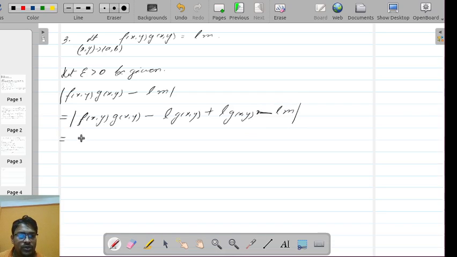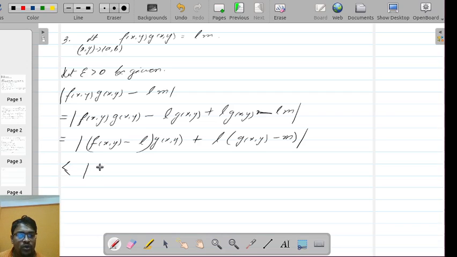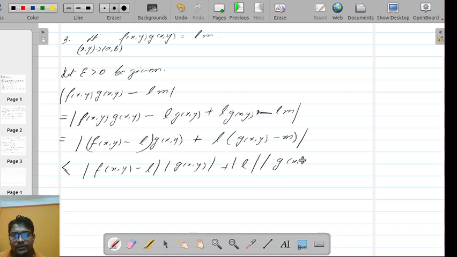This is actually equal to, if I take f of xy common here, f of xy minus L multiplied with g of xy plus, here I can take L common, and then this is g of xy minus m. This can be written as less than or equal to mod of f of xy minus L multiplied with g of xy plus mod of L multiplied with g of xy minus m. So we can write it this way.